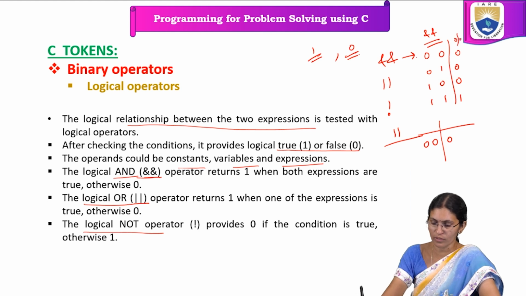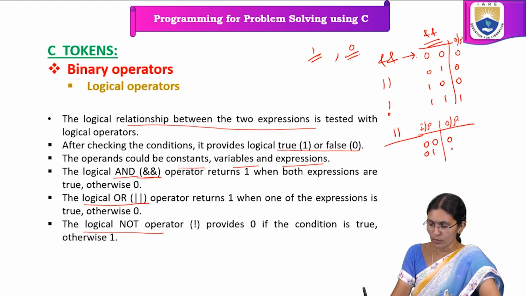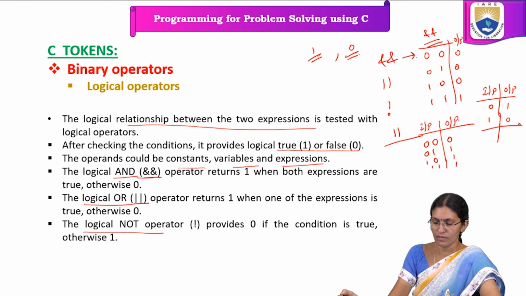These are the two inputs and this one is the output. If we have 0 1, the output will be 1; 1 0 means 1; 1 1 is 1. Similarly, for the logical NOT operator, if the input is 0, the output is 1. If the input is 1, the output will be 0.